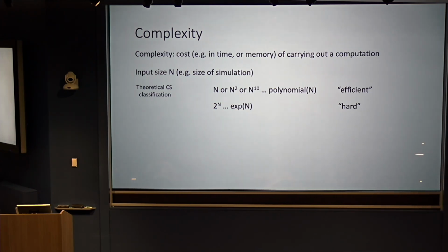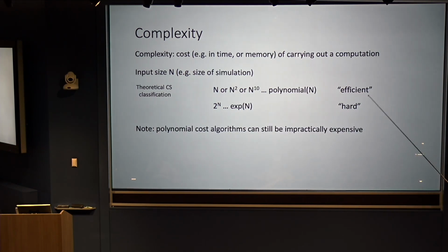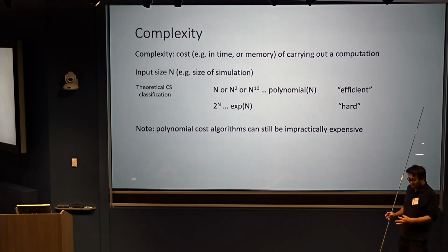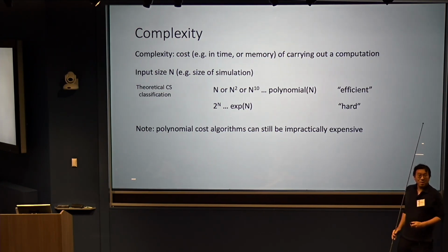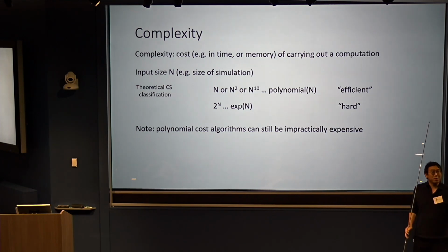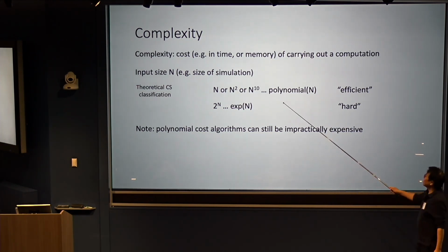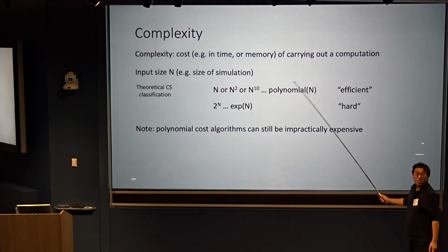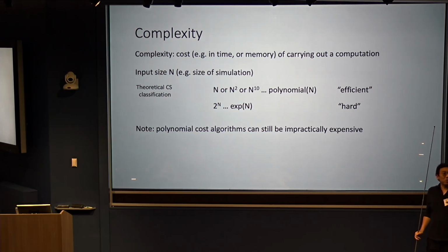So as I just mentioned, when I say that polynomial calculations are efficient, it just means that the theoretical cost is not too high, but they still may be impractical to run. For example, if you had some kind of complexity which was n to the power of 100, then if you change the problem size a little bit, the cost would grow extremely rapidly.